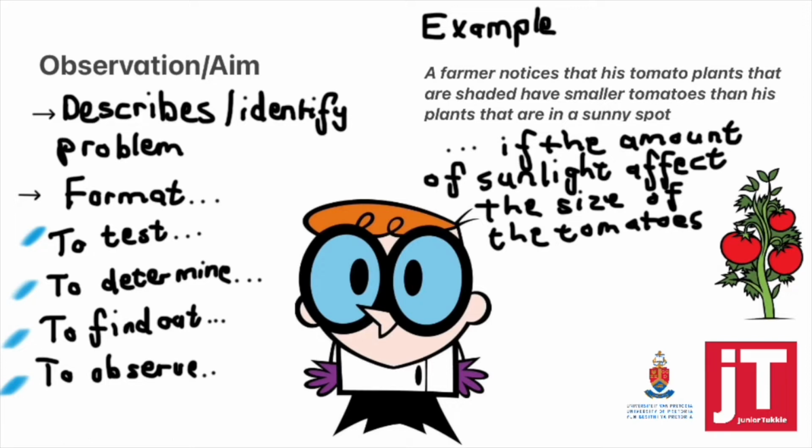So for example, you can say to test if the amount of sunlight affects the size of the tomato, to determine if the amount of sunlight affects the size of the tomatoes, or to find out or to observe if the amount of sunlight will affect the size of the tomatoes. So when constructing your observation or your aim, make sure that you choose the one that fits best.